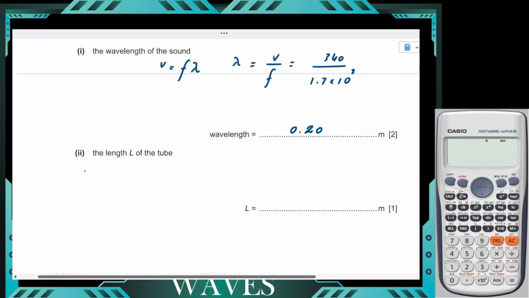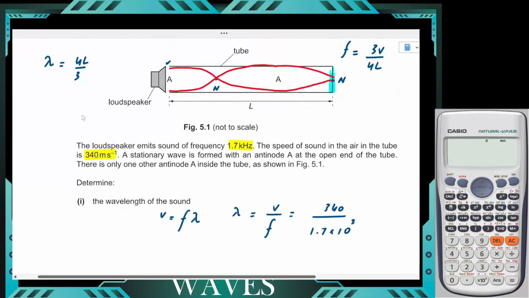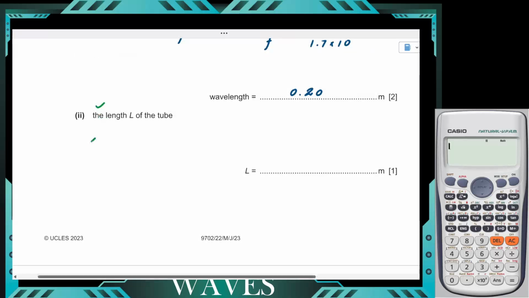Once again, you have plenty of ways to solve this question. The simplest one, if you're good with memorizing, is to recall the general formula, and realize this is the second overtone, the third harmonic, and in this case lambda equals 4L over 3. I'm going to write down the formula.